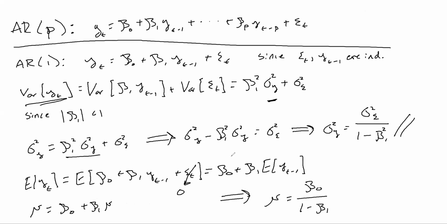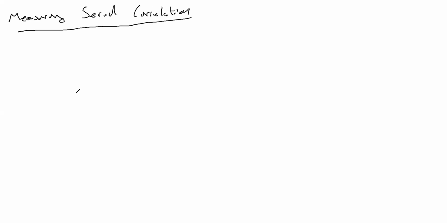So for this, I'm going to clear, and now we'll talk about measuring serial correlation. This will finish up the autoregressive process, or the AR process. So we're going to measure serial correlation, measuring kth order autocorrelation.